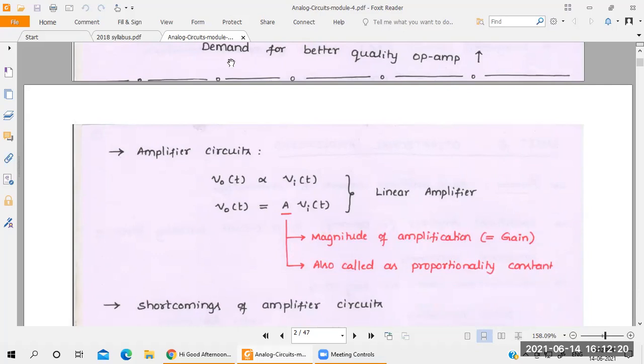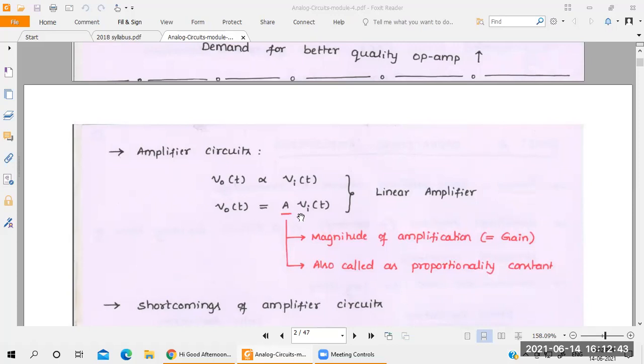Based on that you have to carry the signals, V0 and Vi. That's why I wrote V0 of t and Vi of t. So next, V0 of t is equal to A into Vi of t.